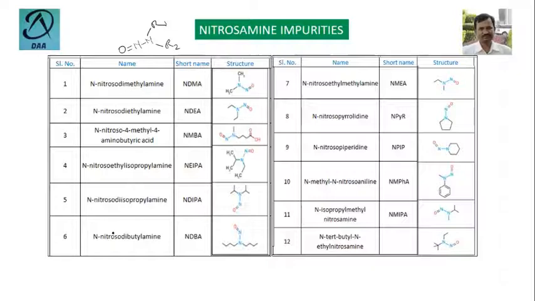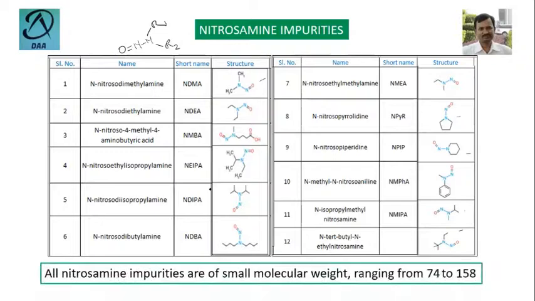So here there are 12 nitrosamines, and you can see different types of structures. Their short names are also there. Now all nitrosamine impurities have molecular weights ranging from 74 to 158. We'll see in detail.